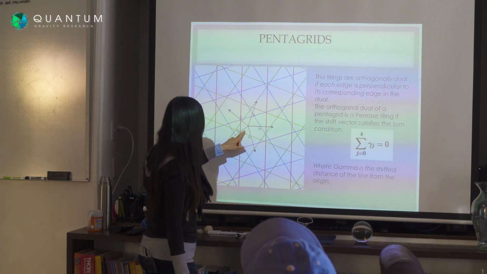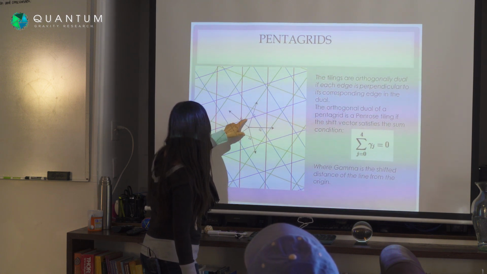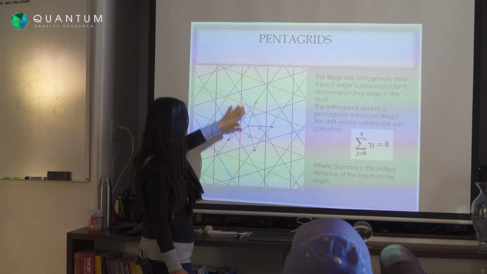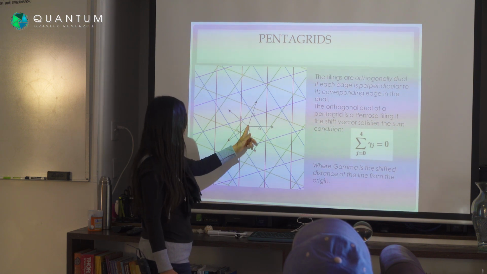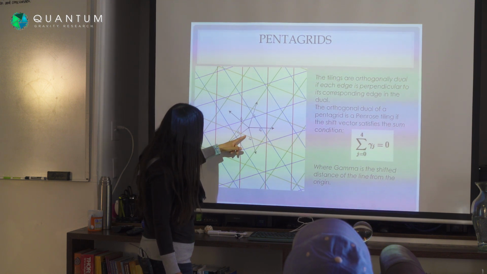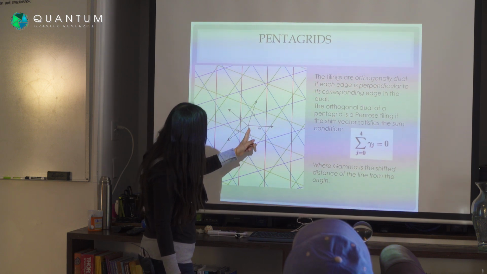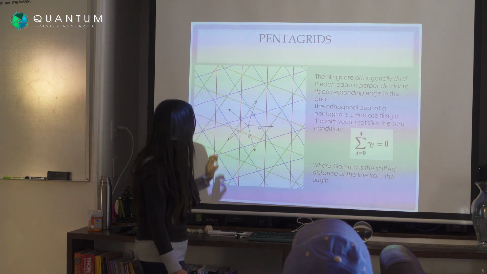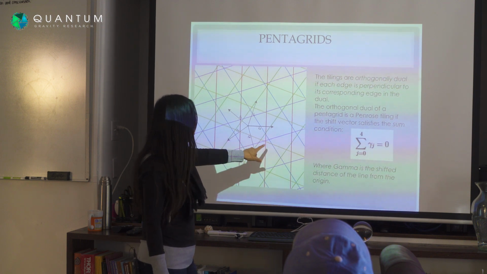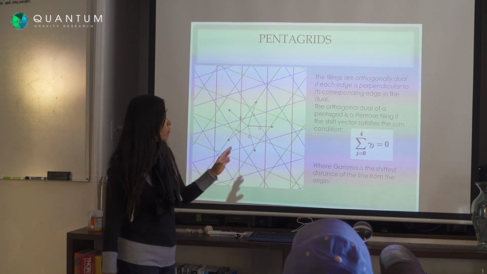The shift vector is the distance between the origin and the closest line in this line set. Consider that is gamma 1, and this is gamma 2, gamma 3, and then gamma 4 and 5. Here the index is from 0 to 4 instead of from 1 to 5.